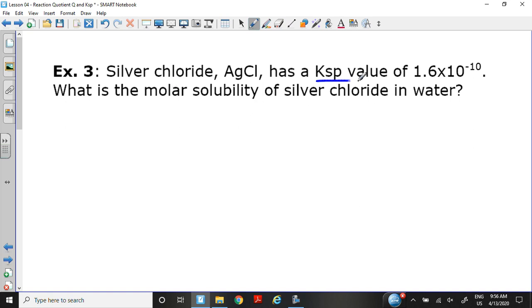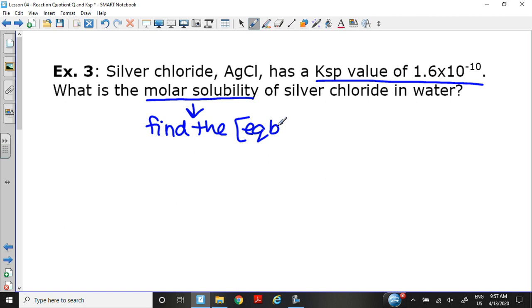It has a KSP value of 1.6 times 10 to the negative 10, very small. What is the molar solubility of silver chloride in water? If they're asking again for molar solubility, what this means is find the concentration at equilibrium. What is your concentration at equilibrium?